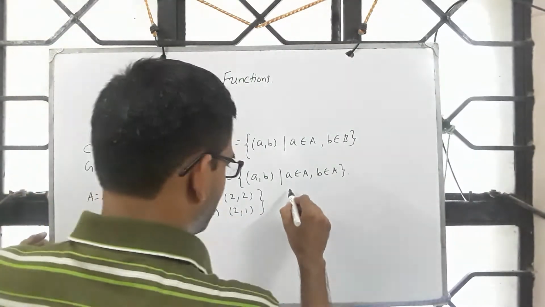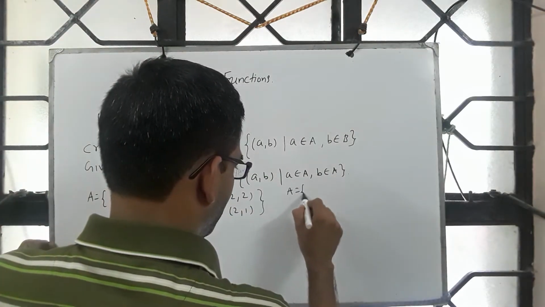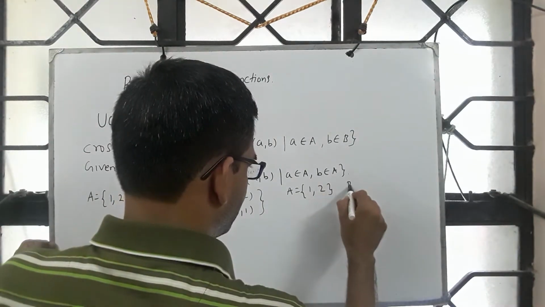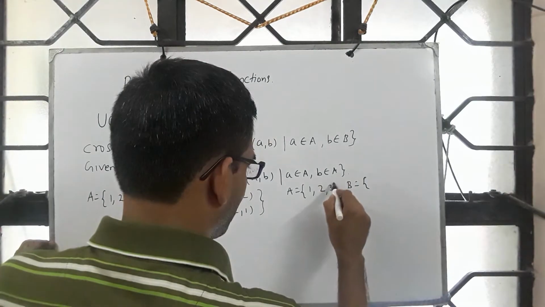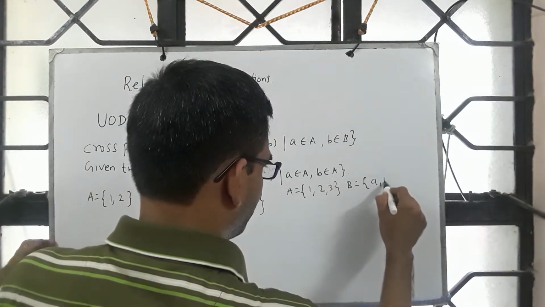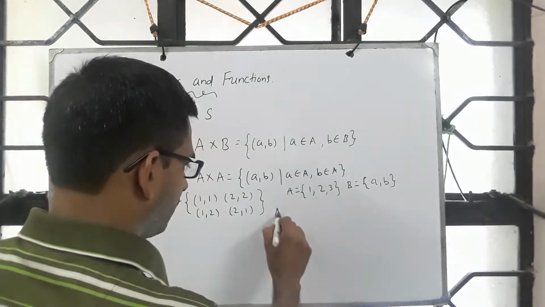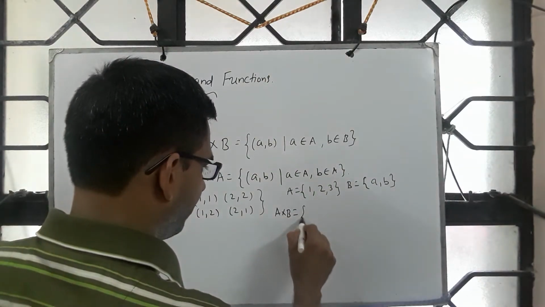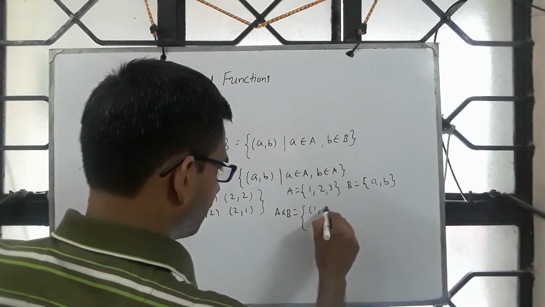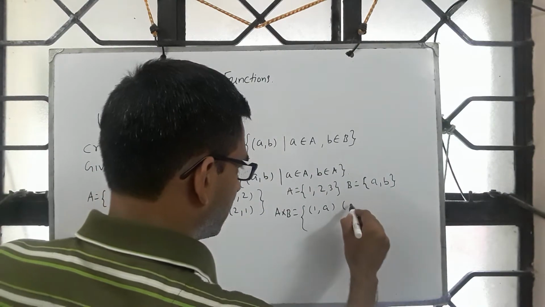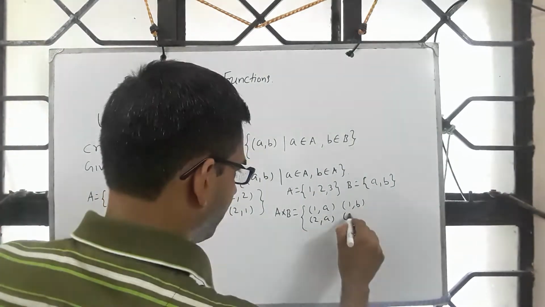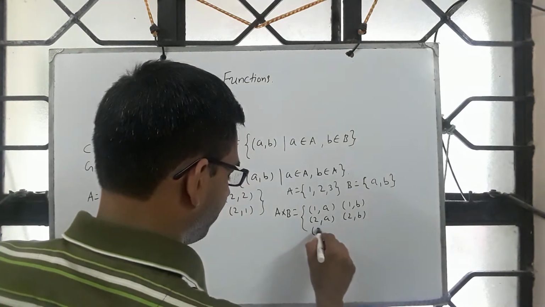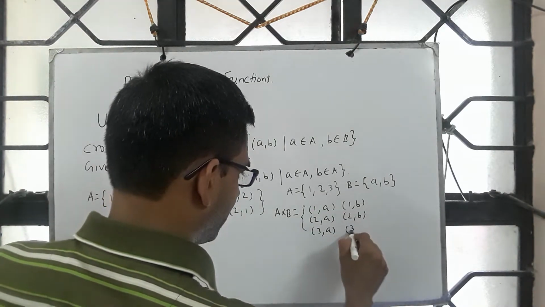And suppose A is {1, 2, 3} and B is {a, b}, you can talk about A cross B. First element comes from A: (1, a), (1, b), (2, a), (2, b), (3, a), and (3, b).